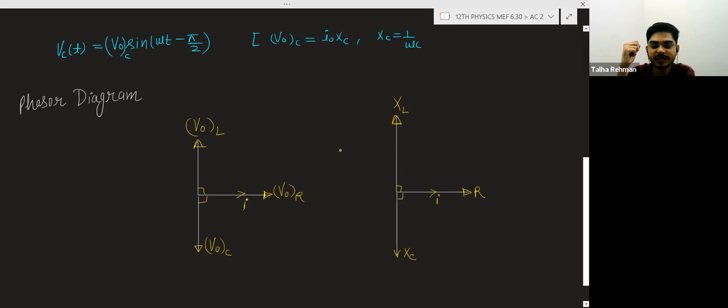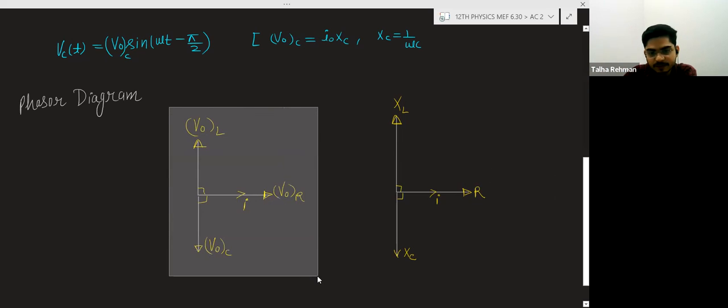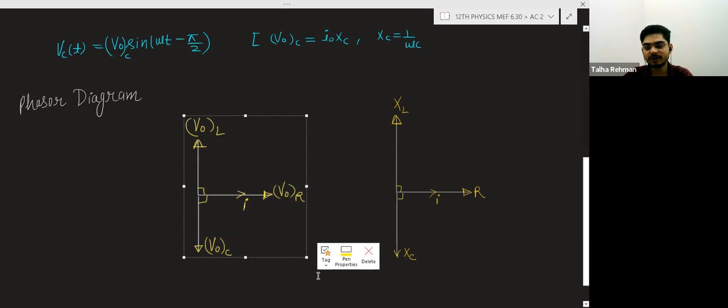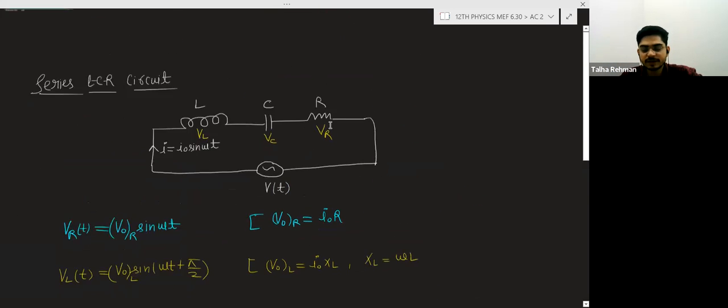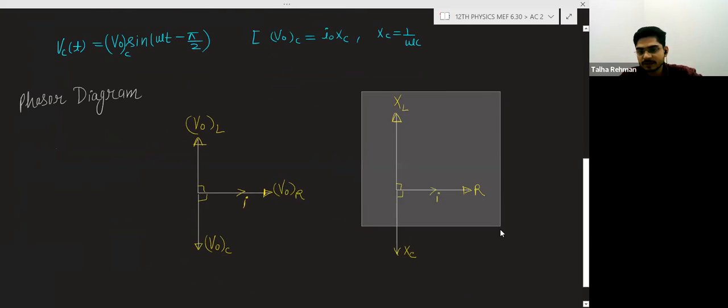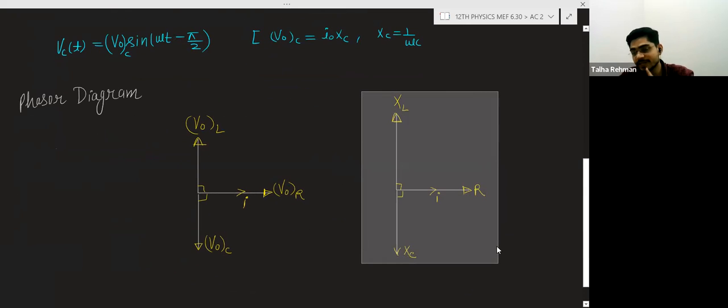Now, two things we will calculate from these two diagrams. We will calculate the resultant voltage in this LCR circuit and the resultant resistance, which is not known as resistance but is like resistance.